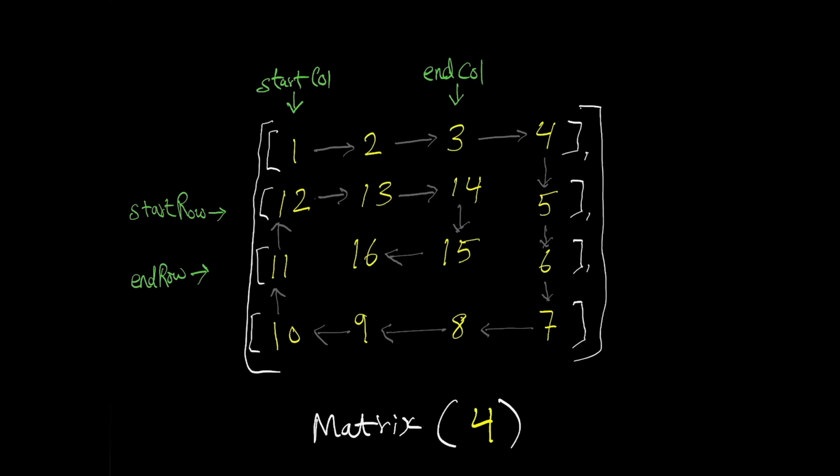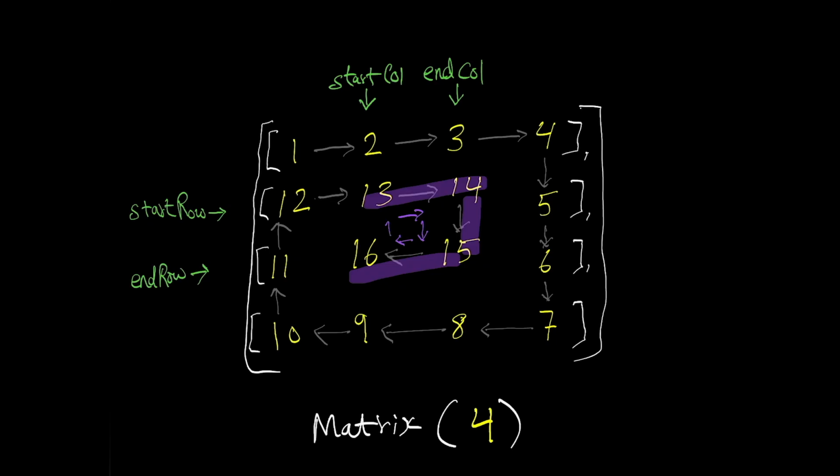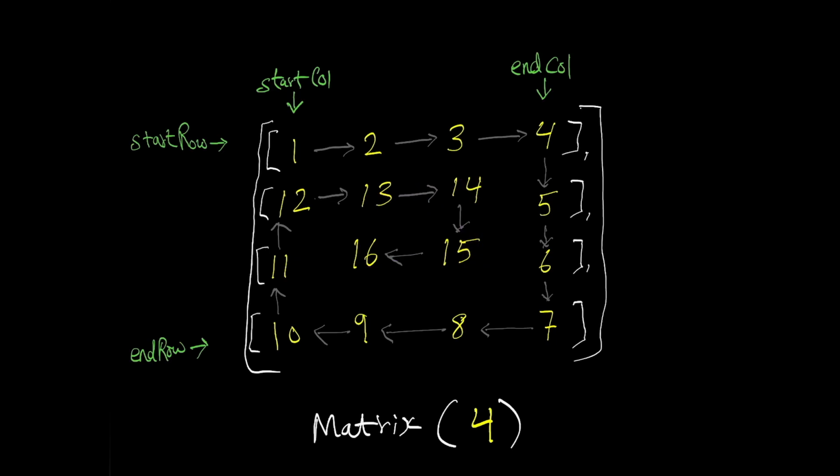So we would need at least 4 loops, and once we take care of the 4 outer sides, we would need to put the 4 loops inside a while loop to take care of all the inner 4 sides of the matrix, right?